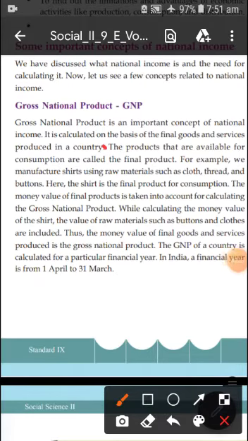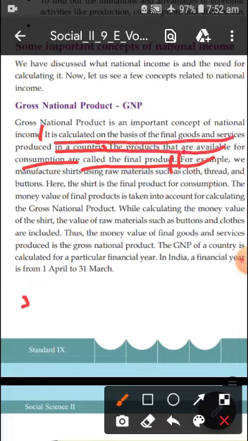Gross national product is calculated on the basis of final goods and services produced in a country. The products that are available for consumption are called final products. If you need, write the example of the shirt also. Till here you have to write this much answer.